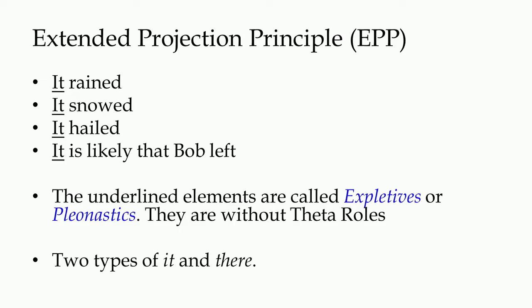Now in all these sentences you find an element which is underlined, "it." Grammatically this serves the function of a subject. Semantically these elements are vacuous, these elements are null. In other words, these elements do not carry any meaning in this sentence.